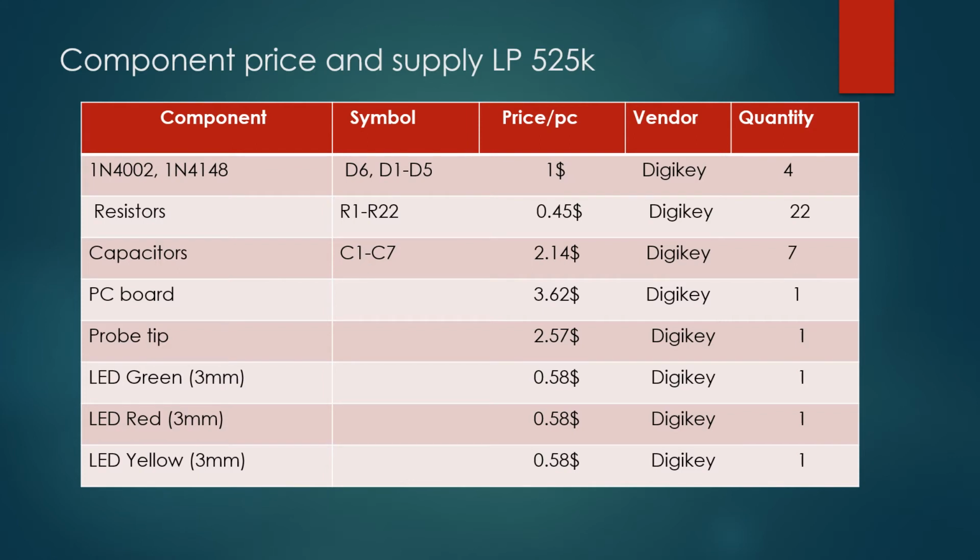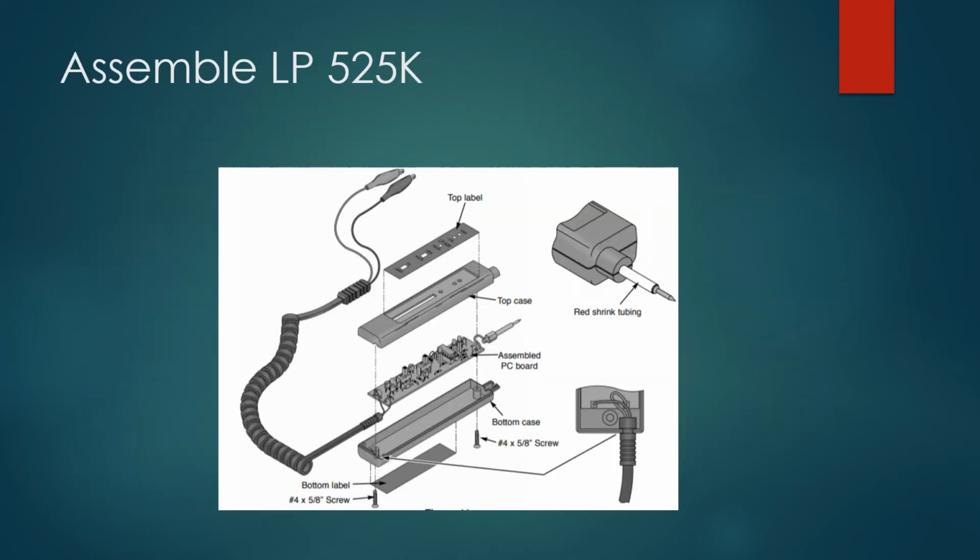The vendor of all these components is DigiKey and the quantities of the components are as mentioned. As for the assembly, install the power cord to the PCB by soldering. Place the PCB into the casing and attach the label through the screw.